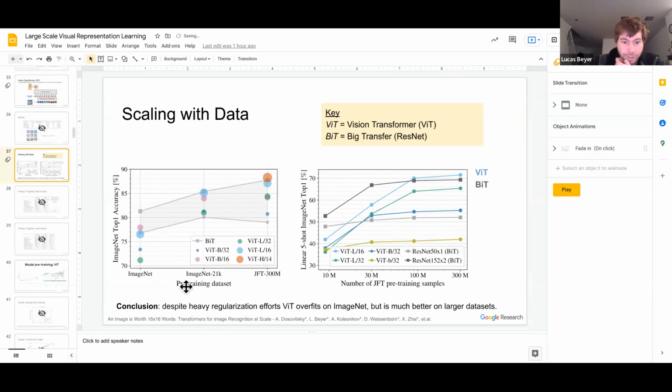The other one is just the model size, meaning number of layers and width of the layers, right? And this we usually denote by B for base, L for large, H for huge, and then G for giant or something. And the vision transformers have this special property that you can keep the same model size, like B, but change the patch size, and you get a significantly slower or faster, higher or lower capacity model. Right? So if we take B32, it's much smaller and faster than B16.